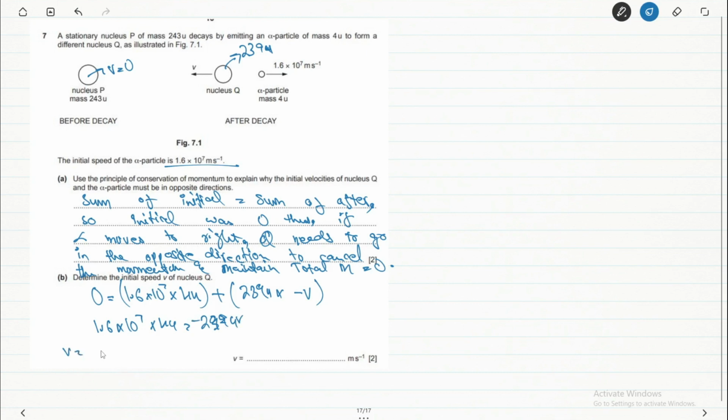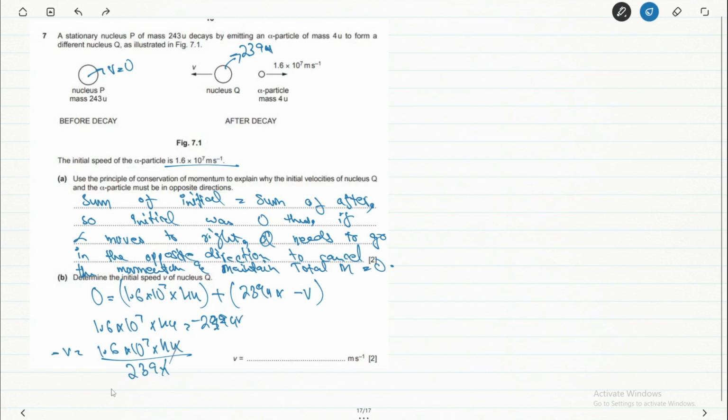So v becomes 1.6 times 10 power 7 multiplied by 4u divided by 239u. Now the u cancels out because they are multiplying, so you don't need to concern yourself with the u here.